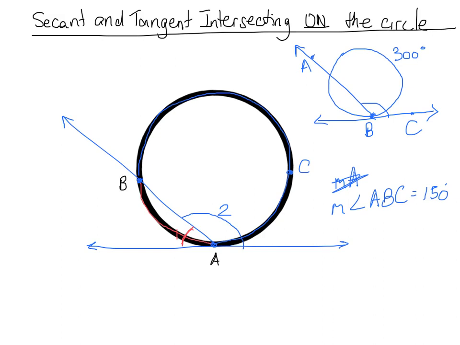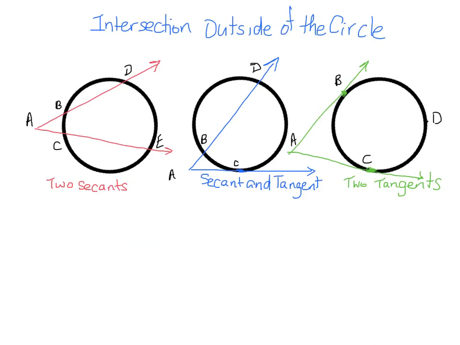All right, so we've looked at what happens when two lines intersect inside the circle. We've looked at what happens when two lines intersect on the circle, so you can guess what's coming next. What happens when two lines intersect outside of the circle? There are three ways that we can have these lines intersecting outside of the circle.